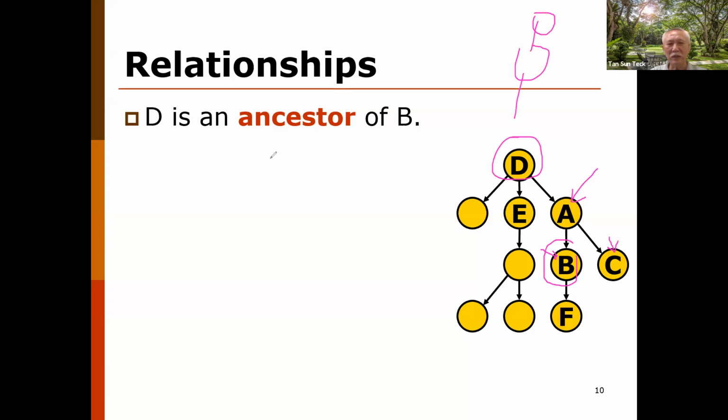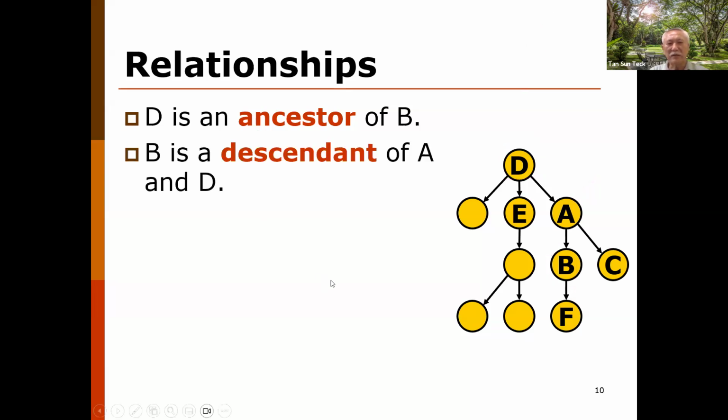Yeah, so this is the ancestor. Right. Of course, you have the ancestor, then you have the descendants. Yeah. So we say that B is a descendant of A and D, right? So this guy, B, is a descendant of A and also a descendant of D. Yeah. So they have this relationship.